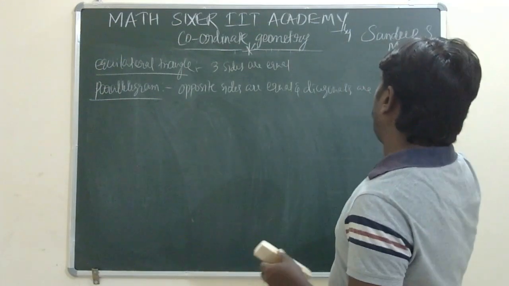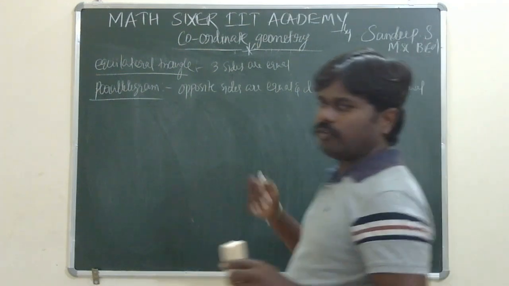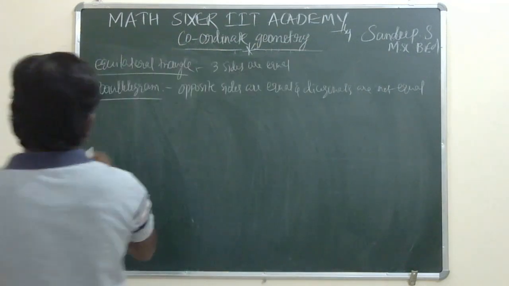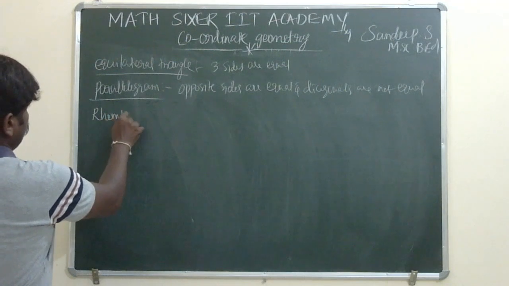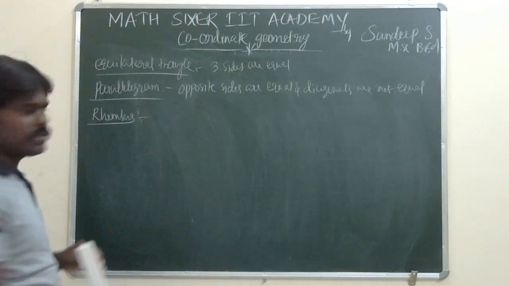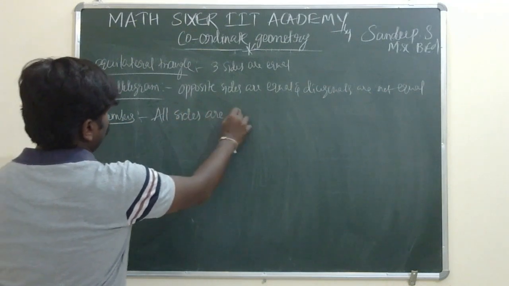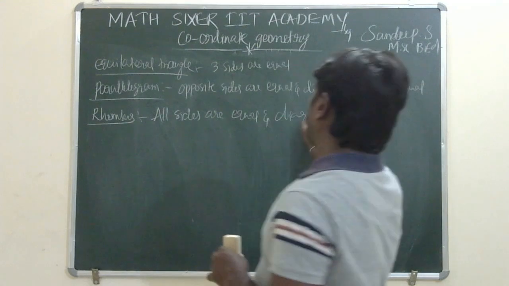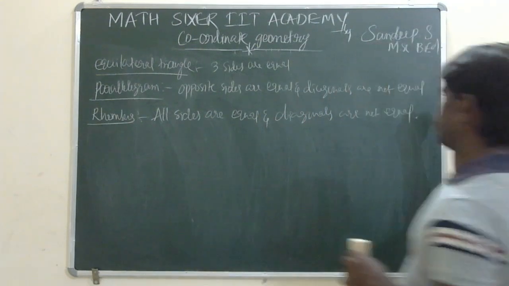If you prove this, then we can say that the quadrilateral formed with the help of the four vertices is a parallelogram. Next, if you want to prove it is a rhombus, we have to prove all sides are equal and the diagonals are not equal.